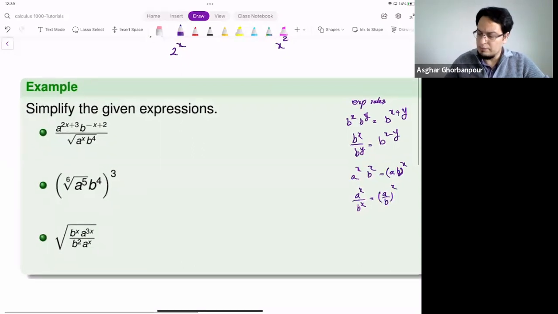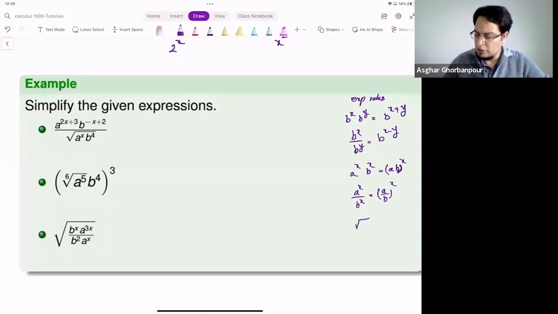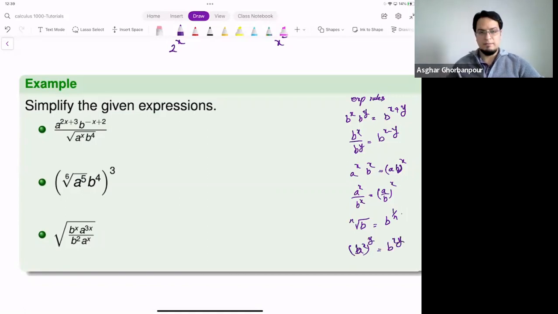There's also one important notation: when you're looking for the nth power or nth root of something, this is also an exponential expression, which is b to the power 1 over n. One more thing is the exponential of an exponential, which is done this way.